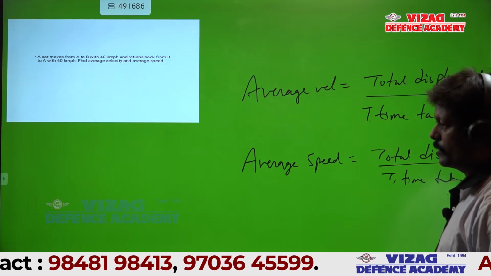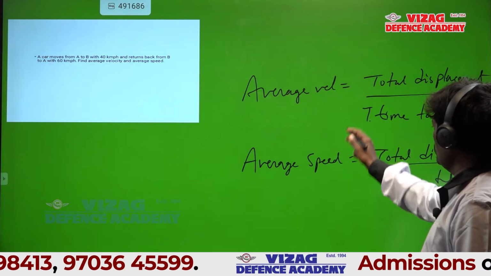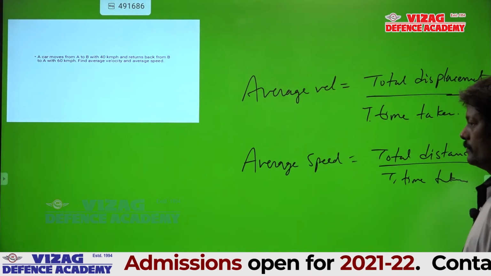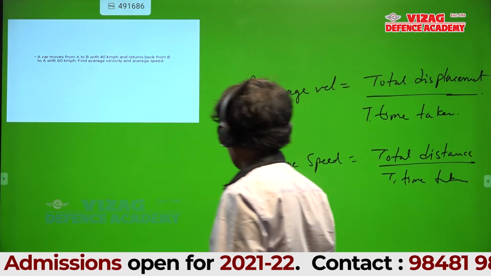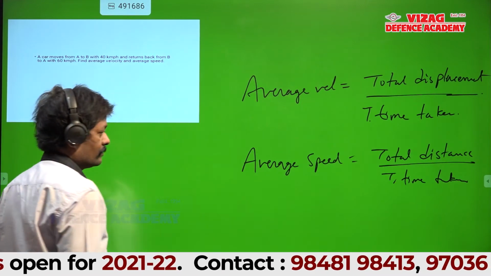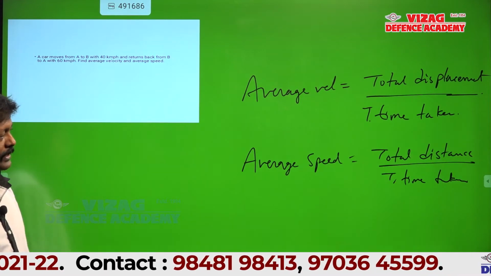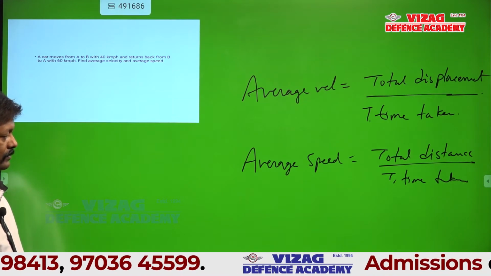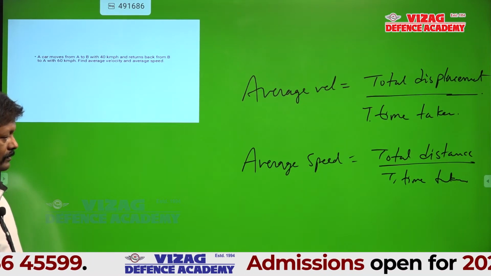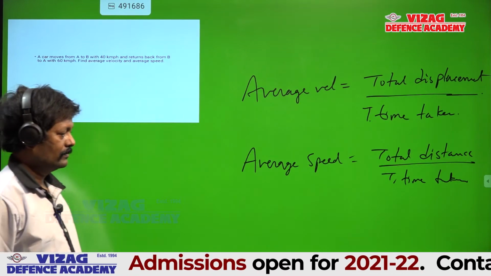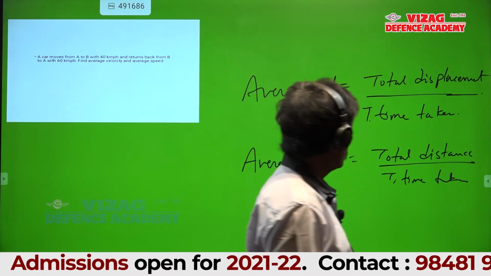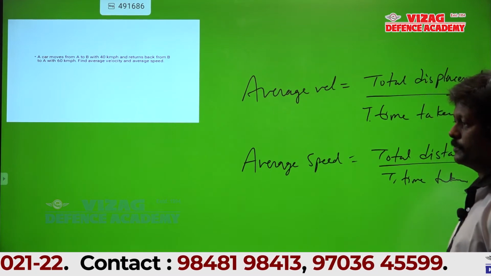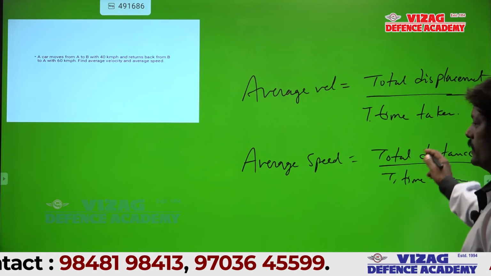So, write down both the formulas, average velocity and average speed. So, for average velocity the numerator is displacement, and here the numerator is distance.